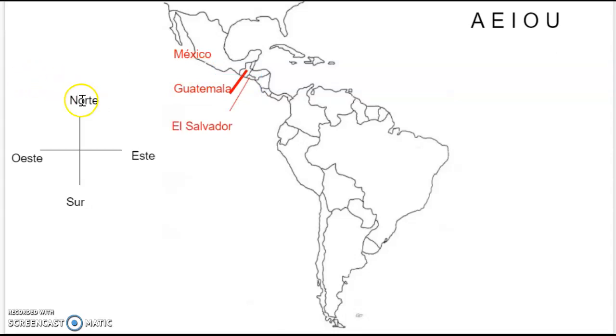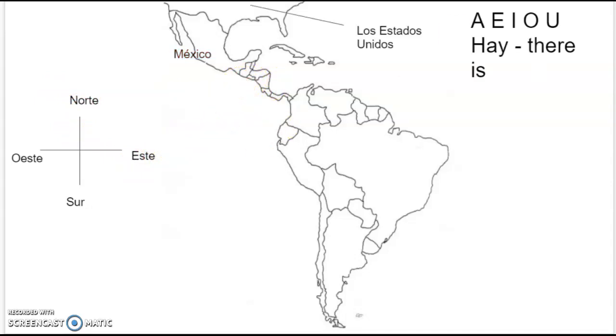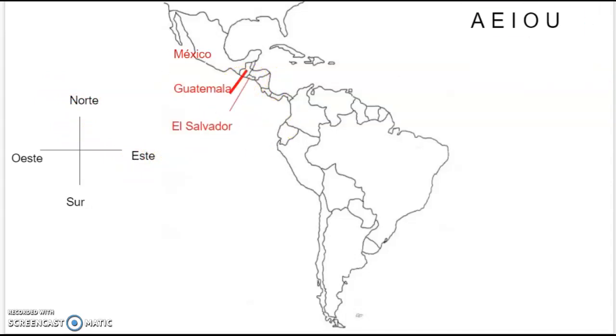Okay? Al sureste de Guatemala hay un país, remember this word, hay un país, a country, muy pequeño. No es grande, es pequeño. Y se llama El Salvador. So, este país muy pequeño se llama El Salvador. Okay.